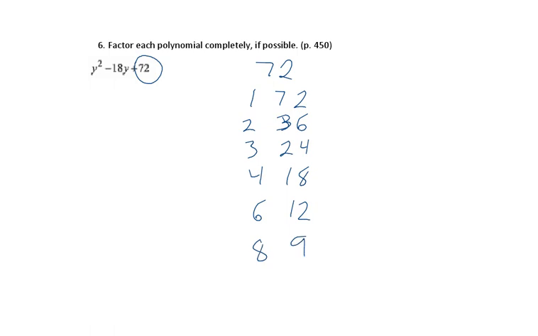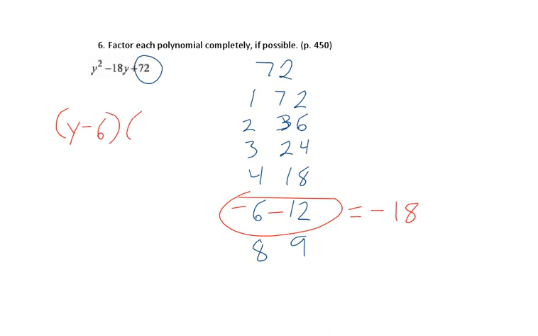Then I look for a pair of numbers that add or subtract to make negative 18. In this case, I like 6 and 12 because negative 6 minus 12 is negative 18. So your answer becomes y minus 6 and y minus 12.